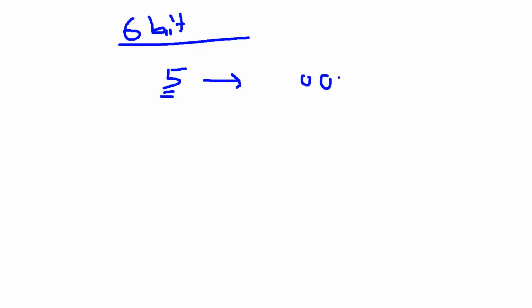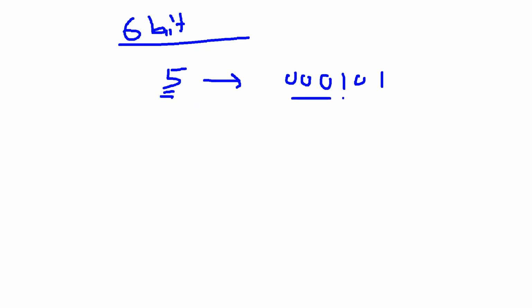For example, if I want to write down 6 bit in two's complement number system, let me start with 5. For 5, a positive number, you can convert decimal to binary. It should be 0, 0, 0, 1, 0, 1 for 6 bit.